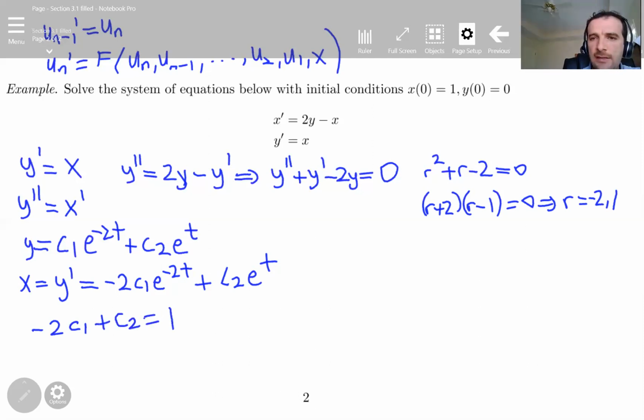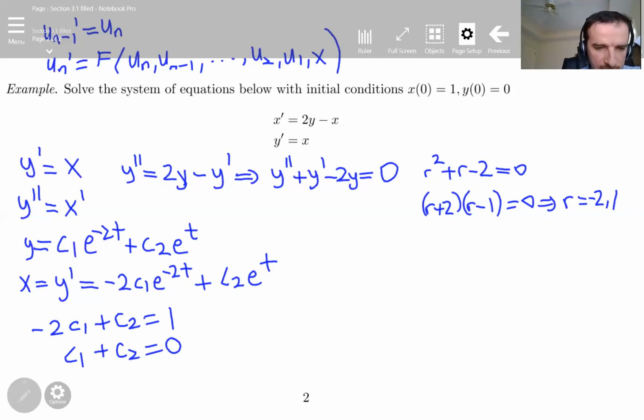The second initial condition is y of 0 equal to 0. So I'm going to use the previous equation and plug in 0 here. It will be c1 plus c2 is equal to 0. All right, let's solve it.